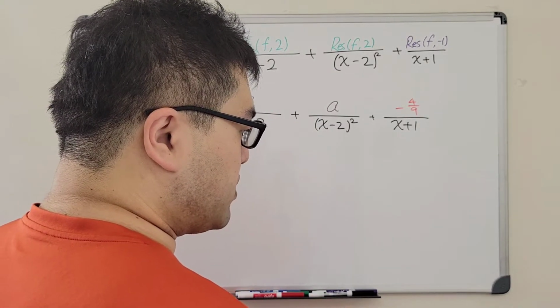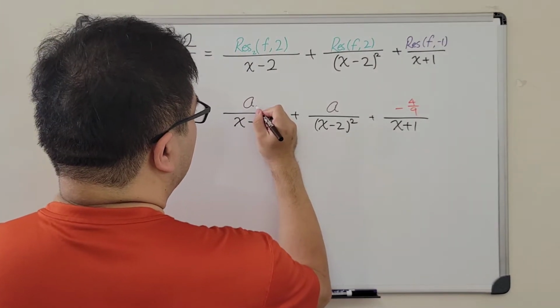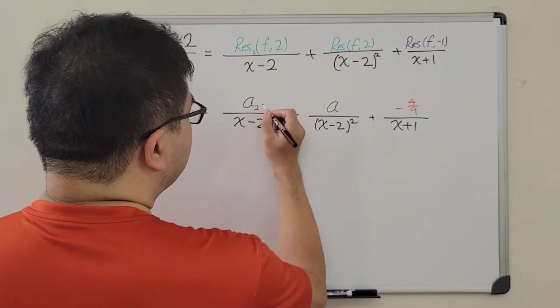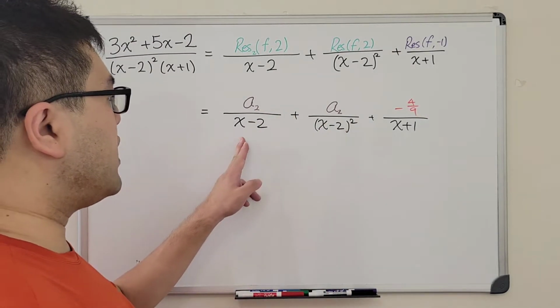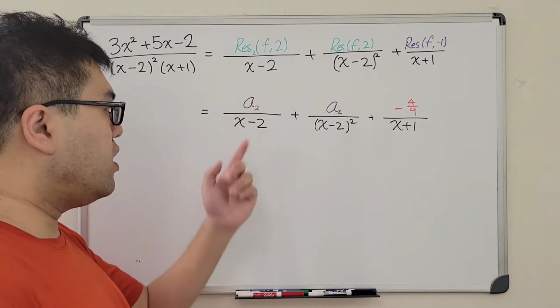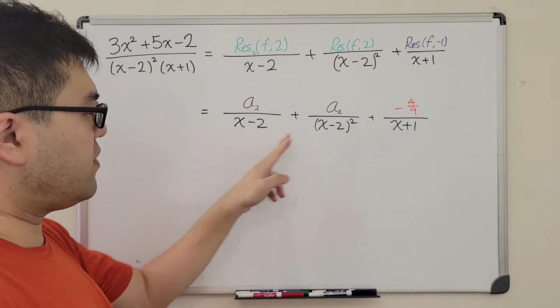I believe they will put a 2 here and 2 here first to refer that the x value that we're taking is 2, which corresponds with the denominator part.